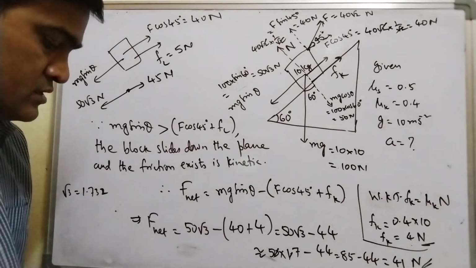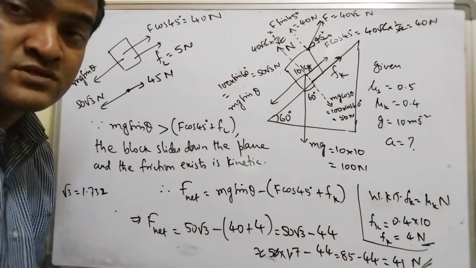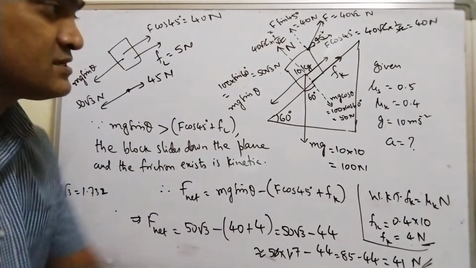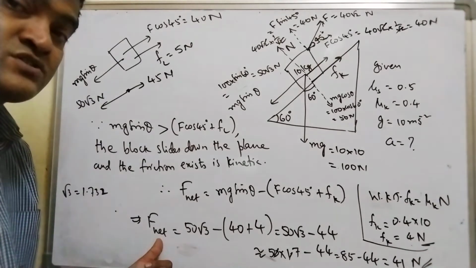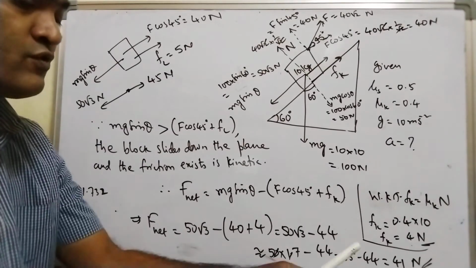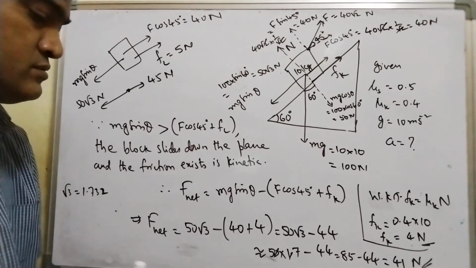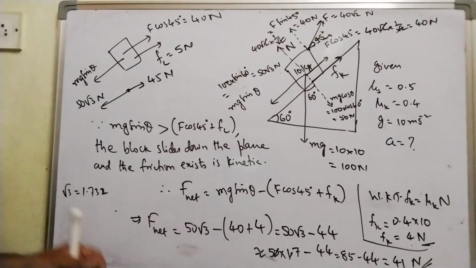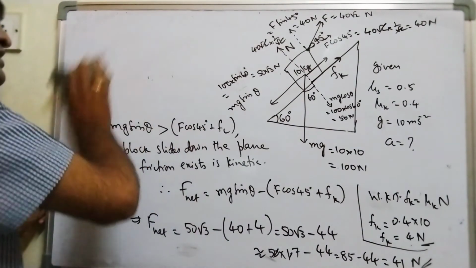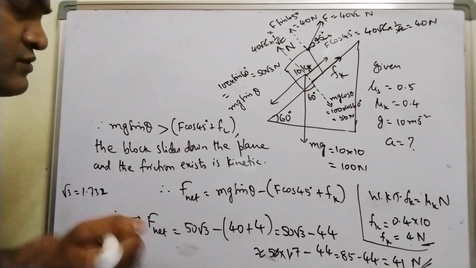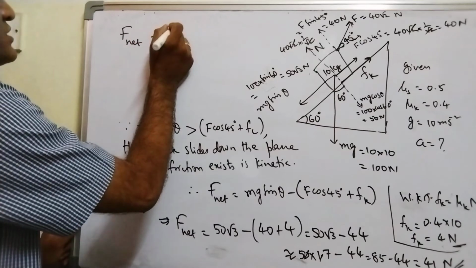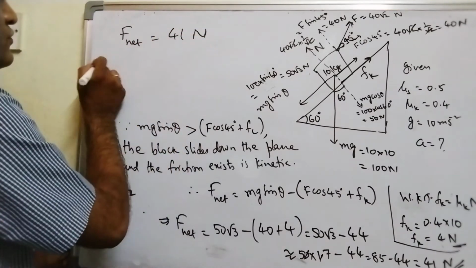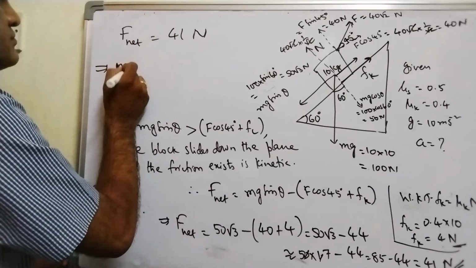41 Newton. But this is not the answer. I want the value of acceleration. This is the value I got as net force, 41 Newton. But what is the formula for force? Net force is nothing but MA.